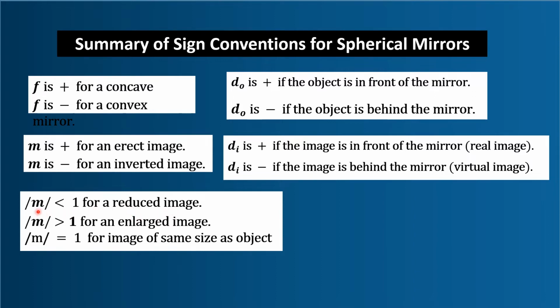If the absolute value of the computed magnification is less than 1, we say that the image is reduced in size. If the absolute value of m is greater than 1, then we have an enlarged image. And of course, if the absolute value of m is equal to 1, then the image has the same size as the object.